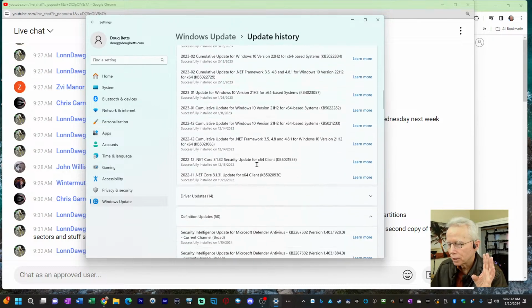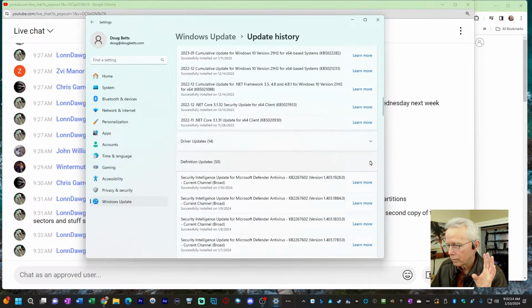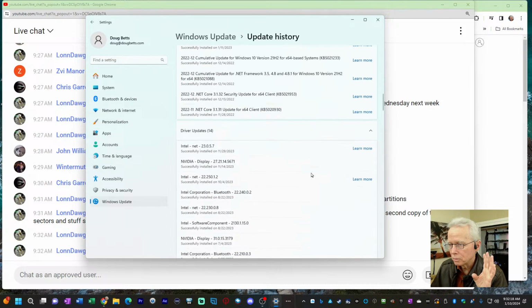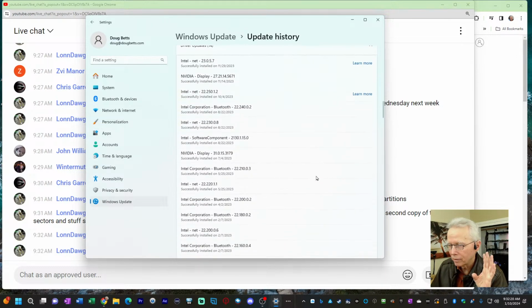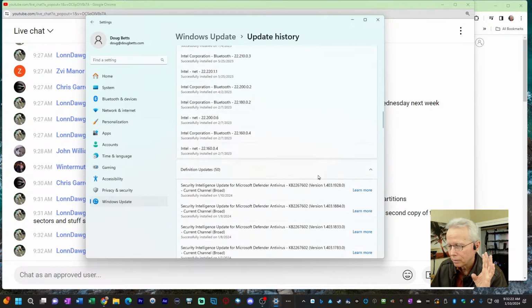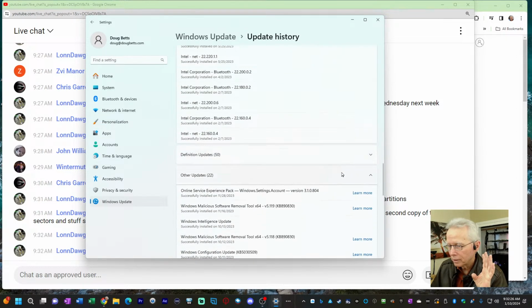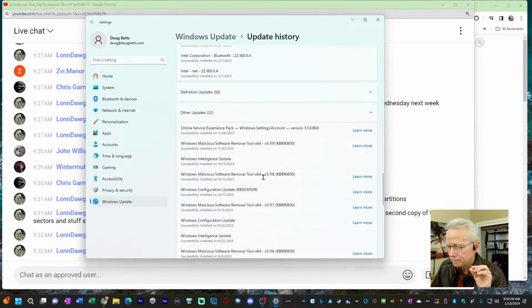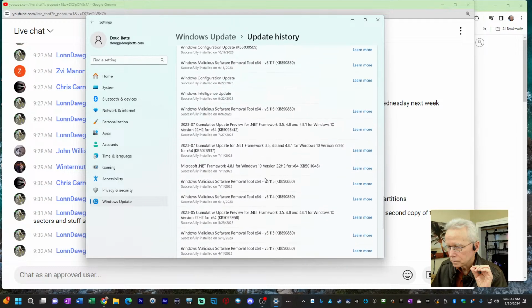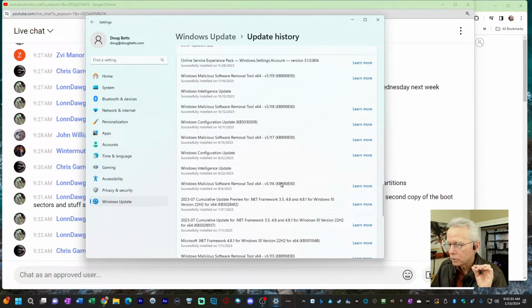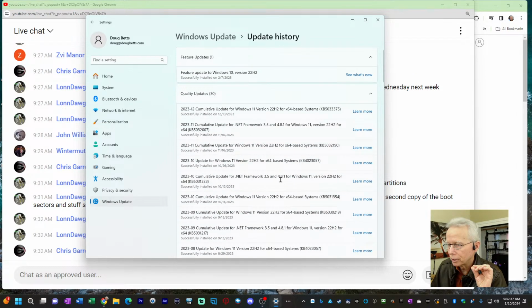I don't see security used in there anywhere. Driver updates probably aren't going to have anything about security mentioned. Let's collapse definition updates. So none of these actually said straight out security updates.